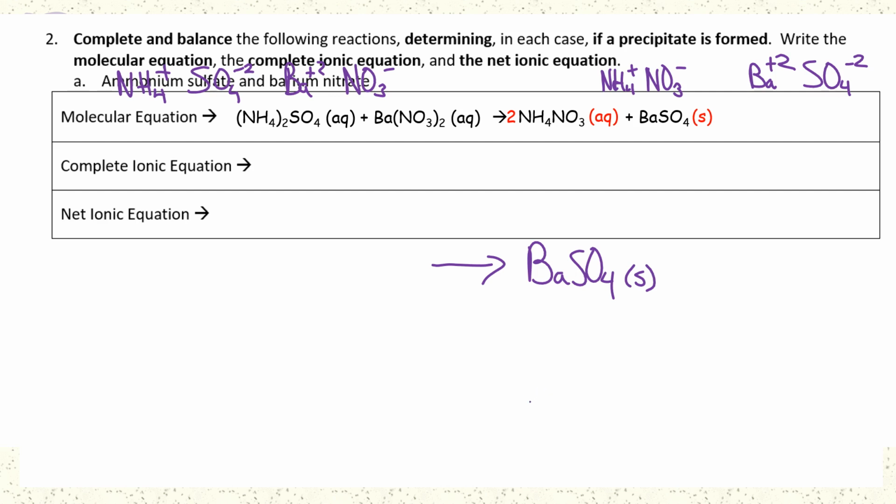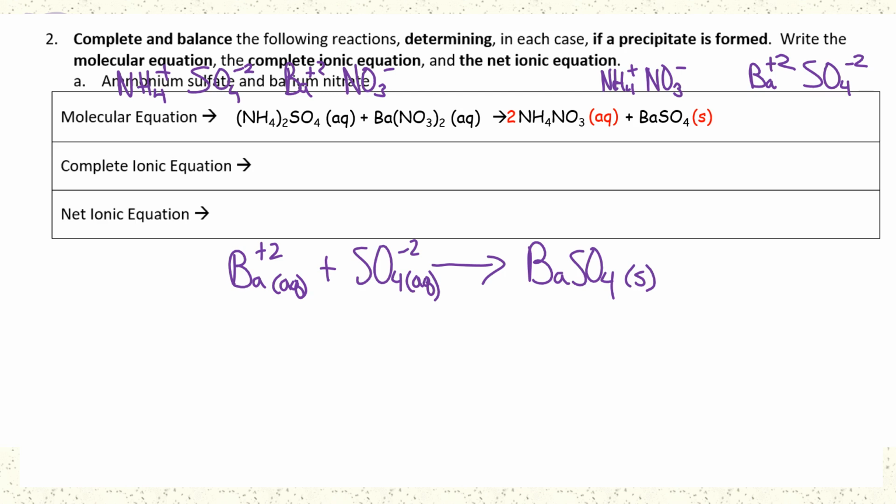The ions that make it up. So like I said, if you know the balanced molecular equation and it doesn't ask you for a complete ionic, you don't have to do it. You can skip that step and go straight to there.